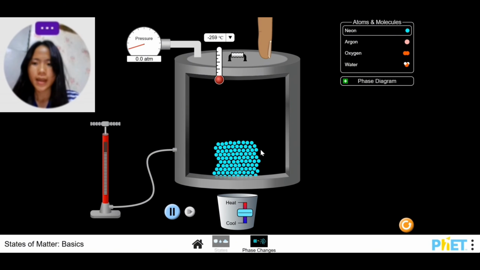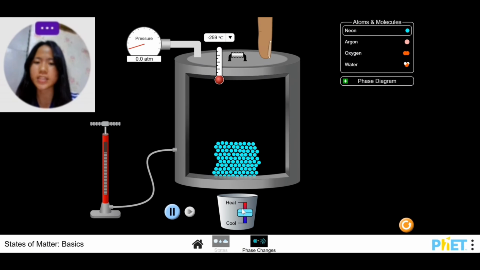Why does this happen? Because at very low temperatures, the kinetic energy of the molecules is very low, so they do not move around freely. The weak intermolecular forces hold them in a rigid, structured form.